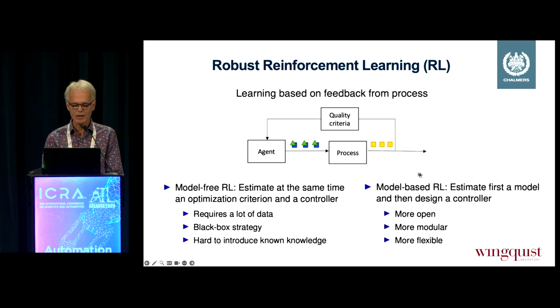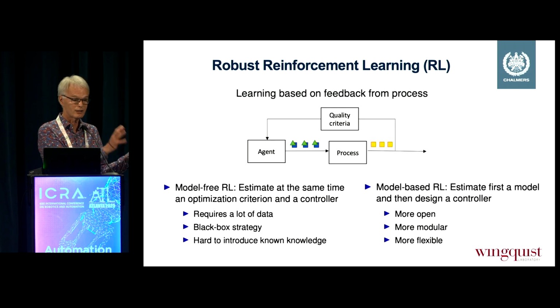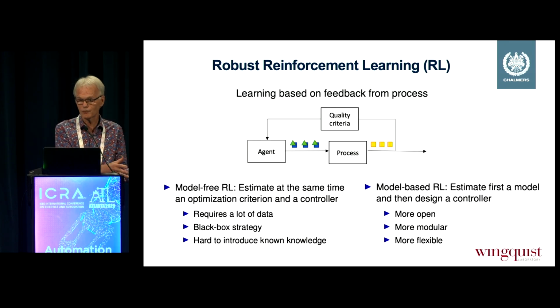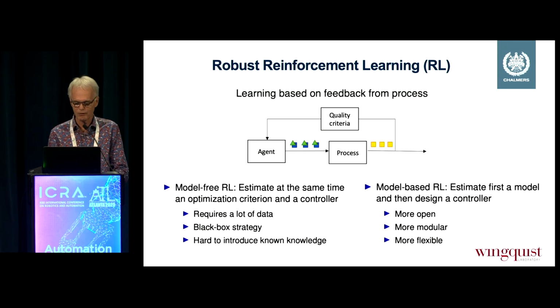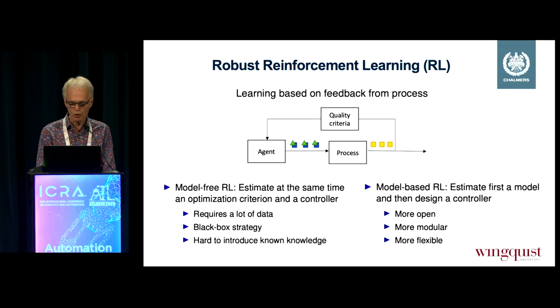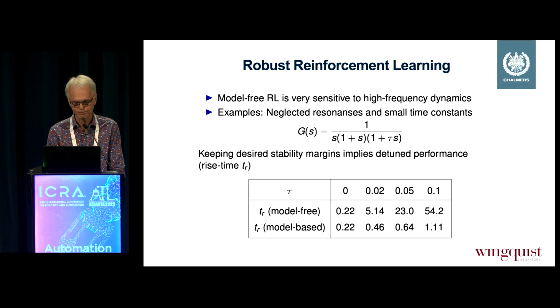What I suggest here is instead to use a model-based reinforcement learning, where you first estimate a model, and then based on that model, you can choose any control design method you like. It's much more open, modular, and flexible.